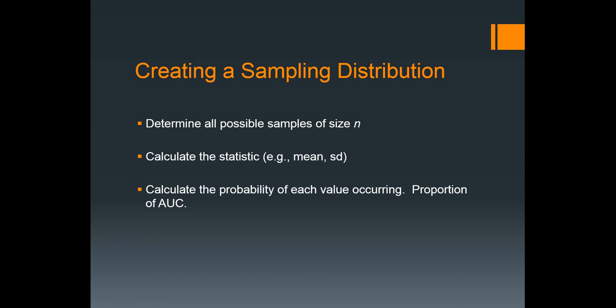We repeatedly and infinitely sample n equals 20 for a particular statistic, be it the mean or the standard deviation. Let's just say it's the mean for now. And then we calculate the probability of each value occurring, and we could also use that to look up proportions of the area under the curve for given values, much like we did with the standard normal distribution.